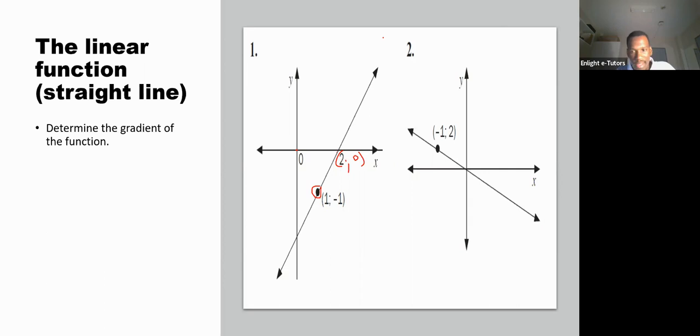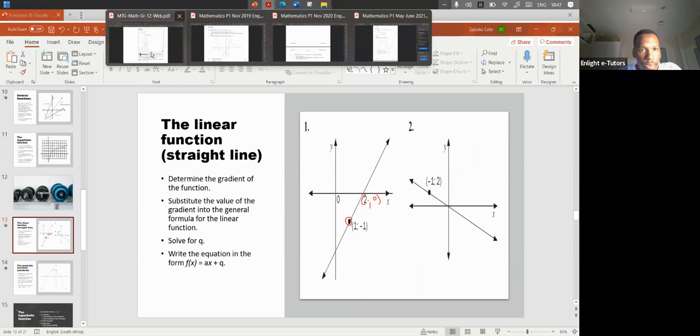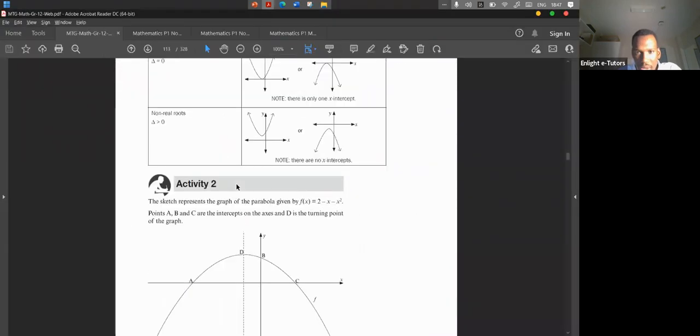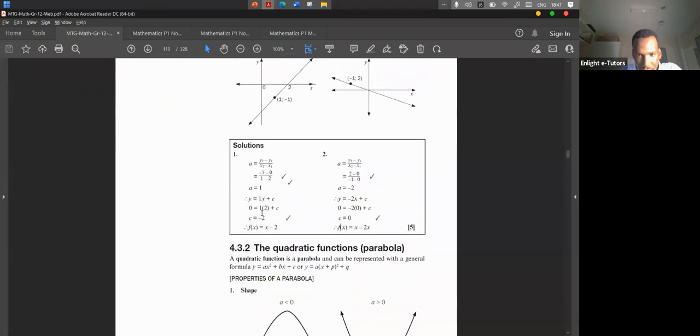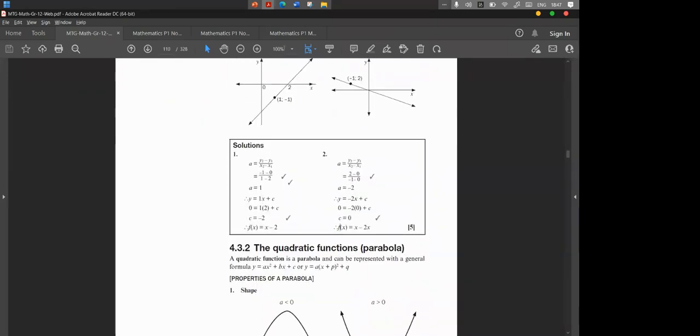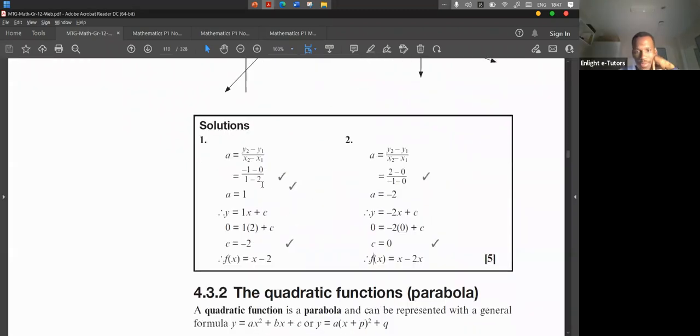Okay, let me do this now. Skip the implementations, we're going to go back to them. You understand?